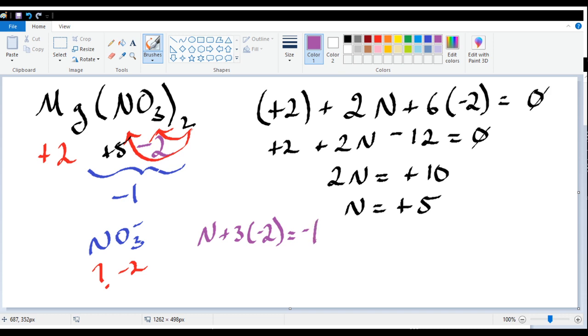Because the nitrate by itself has a total charge of negative 1. Therefore, the oxidation numbers of the nitrogen and the 3 oxygens has to add up to negative 1. So nitrogen minus 6 equals negative 1. Nitrogen equals positive 5 still. You get the same answer either way.